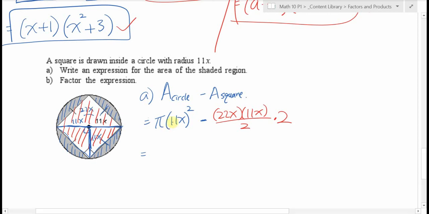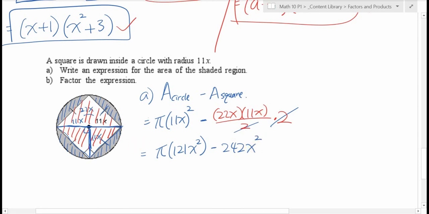This is going to be pi times 11 squared, which is 121, and then x squared is still x squared. Minus, well, you can see clearly that's divided by 2 and then times 2, so they just cancel out. We have 22 times 11, which is 242. x times x gives us x squared.